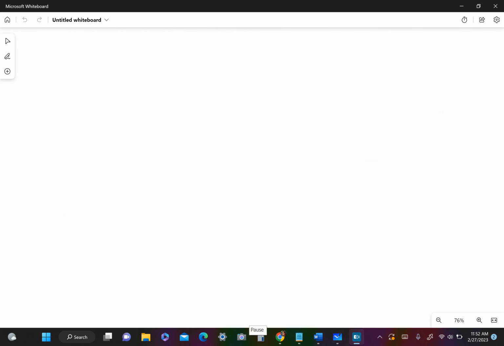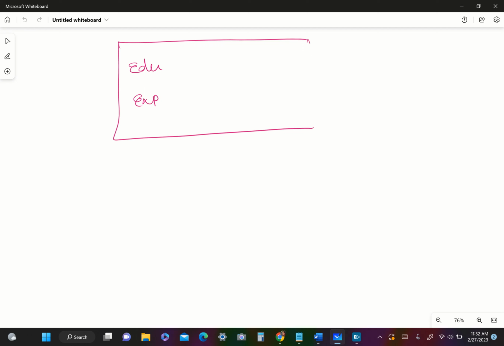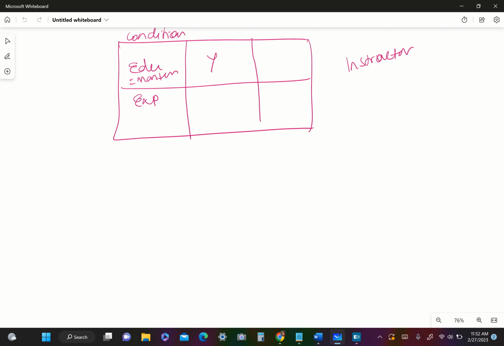Let's simplify this and look at this condition. So education, experience. Okay, let us say if you have something very simple. Okay, these are the conditions, right? Education and experience. Let us say in order for an instructor to be promoted, so we are looking at instructor to be promoted. Does he meet the required education of masters? Okay, we either say yes or we leave it blank.